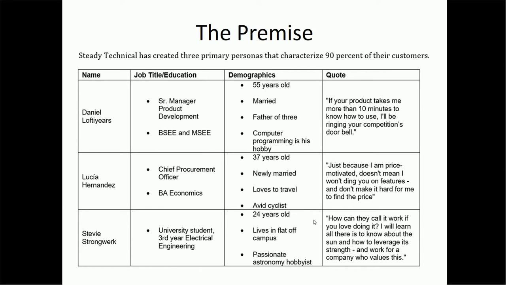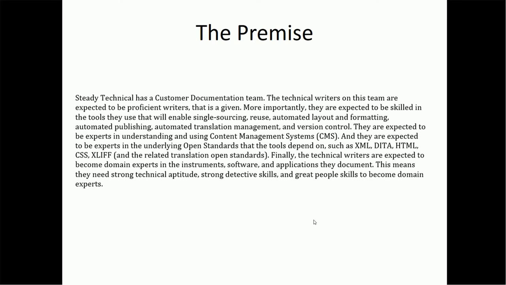There are senior, mid-level, and junior personas that Steady Technical has created. And then Steady Technical has a documentation team. That's what we're on, and we're expected to do all of these things. So that's the premise. And as we go through this class, we will march toward that premise.